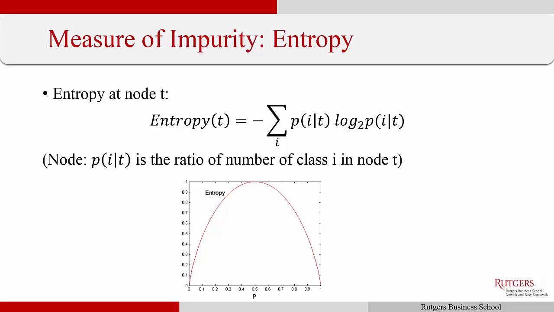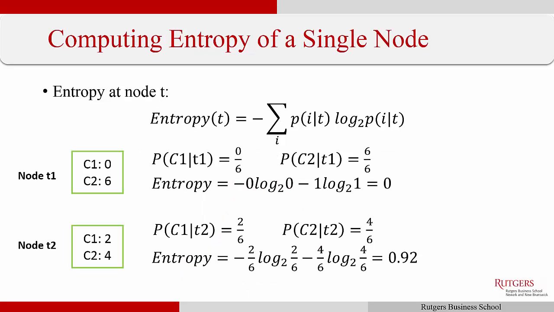It shows when p equals 0 or p equals 1, which means the degree of impurity is low, or we can say it is pure, the entropy value is 0. And when p equals 0.5, which is a 50-50 situation, it has the highest impurity degree, so the entropy score is 1.